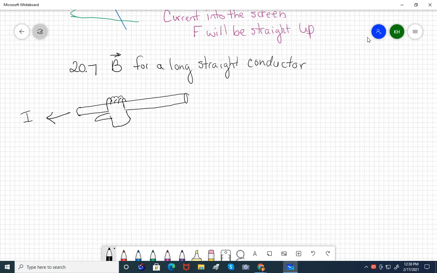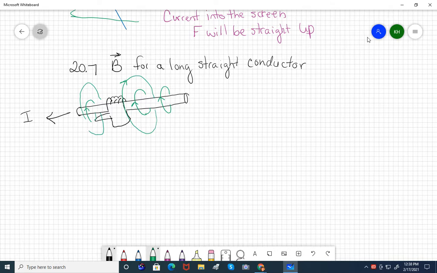My fingers will curl in the direction of the magnetic field. So in this case, the magnetic field forms those closed concentric circles. My fingers are curling this way, so my magnetic field lines are this way. Now, as I move out farther, there's still a magnetic field, but it makes sense that the magnetic field as you get farther away is going to be weaker.